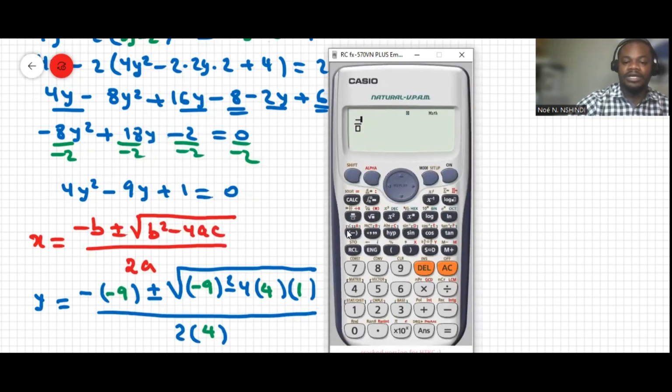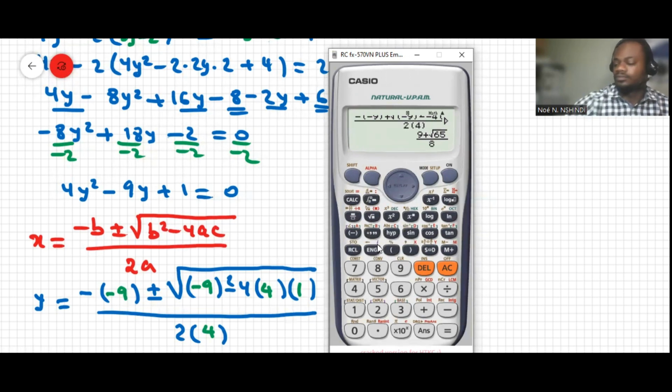Open bracket, negative 9, close bracket, plus square root of negative 9 raised to the power of 2 minus 4 times a, which is 4, and then c is 1, over 2a, which is 4. And then when we hit equal, it gives the answer.